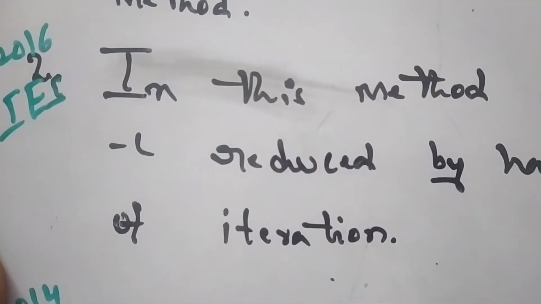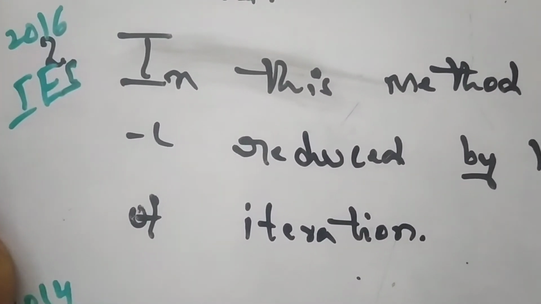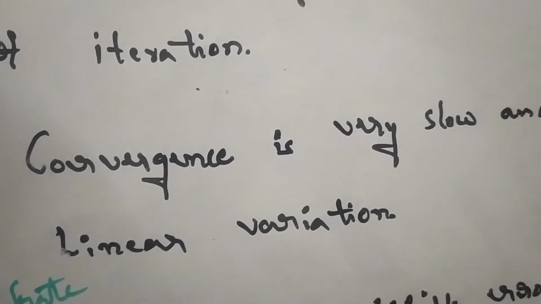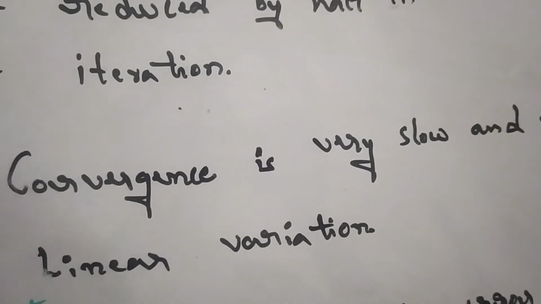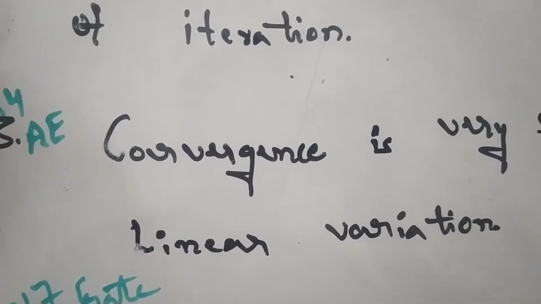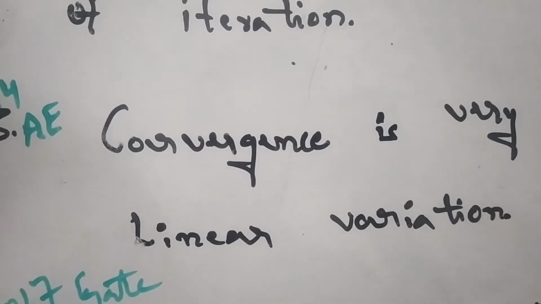This is very important for 2016 IAS and 2017 GATE. Next, convergence is very slow and linear. This is for the 2014 assistant engineering examination and 2015 ISRO examination.